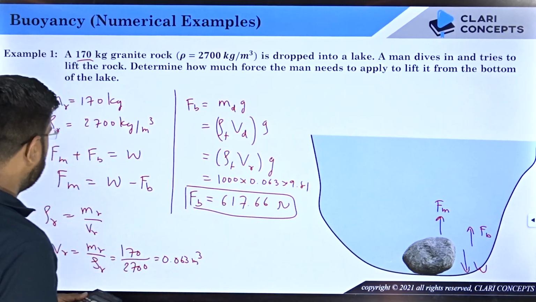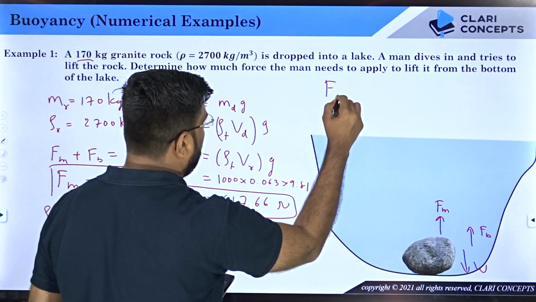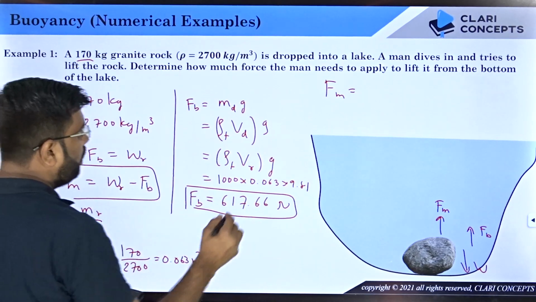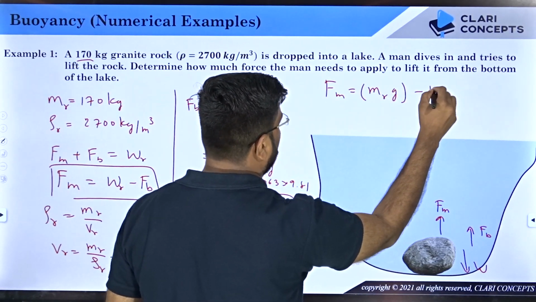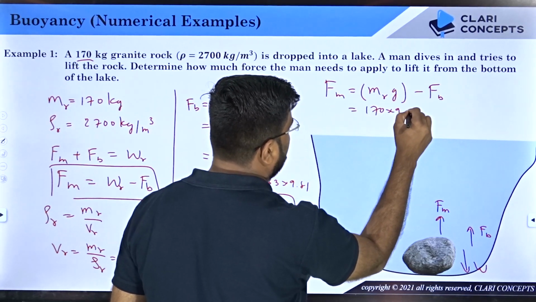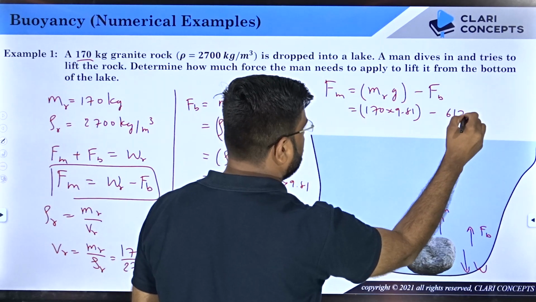Now this is the equation that you are looking for. Fm equals weight of the rock, which is mass of the rock times g, minus the buoyancy force. Mass is 170 times 9.81, and buoyancy force is 617.66.